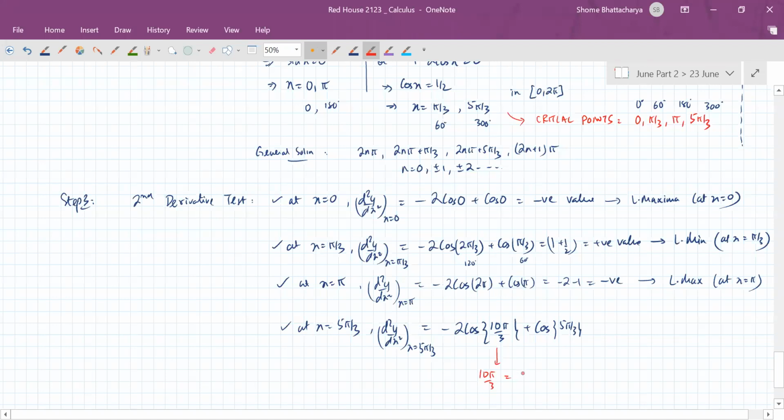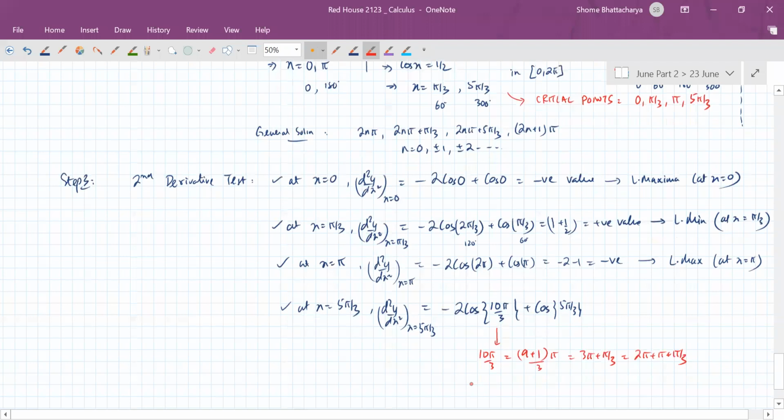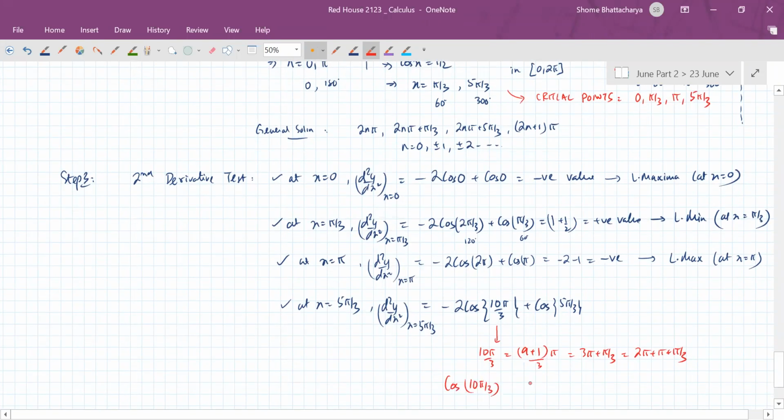10 pi by 3 we can write as 9 plus 1 pi by 3. So that is 3 pi plus pi by 3. That is 2 pi plus pi by 3. Okay, so you can see that cos 10 pi by 3 is equal to cos of 2 pi plus pi by 3, which is cos of pi plus pi by 3, which is minus cos pi by 3, which is basically minus half.